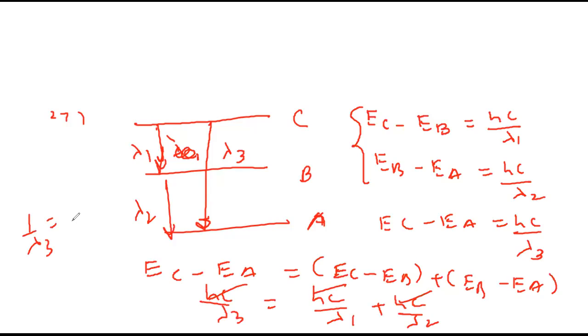So 1 upon lambda 3 is 1 upon lambda 1 plus 1 upon lambda 2.